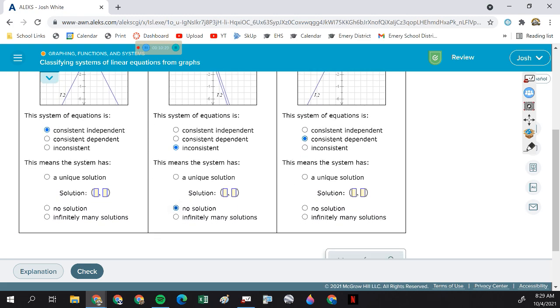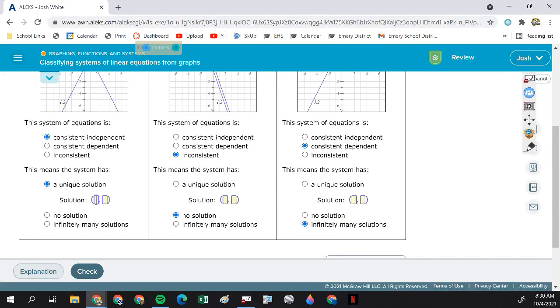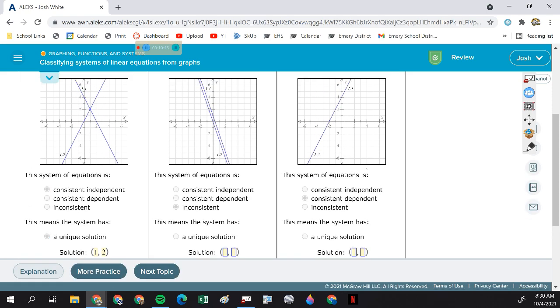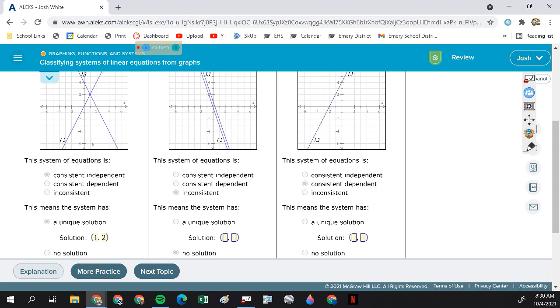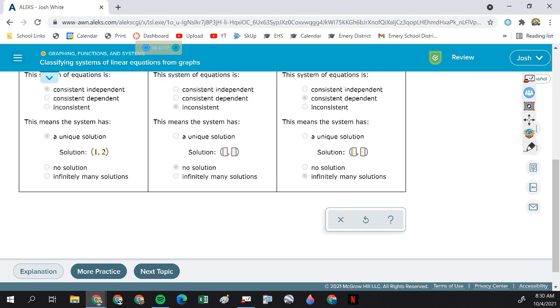So no solution, infinite solutions, one solution. So a single solution is consistent independent, and infinite solutions would be consistent dependent. Okay.